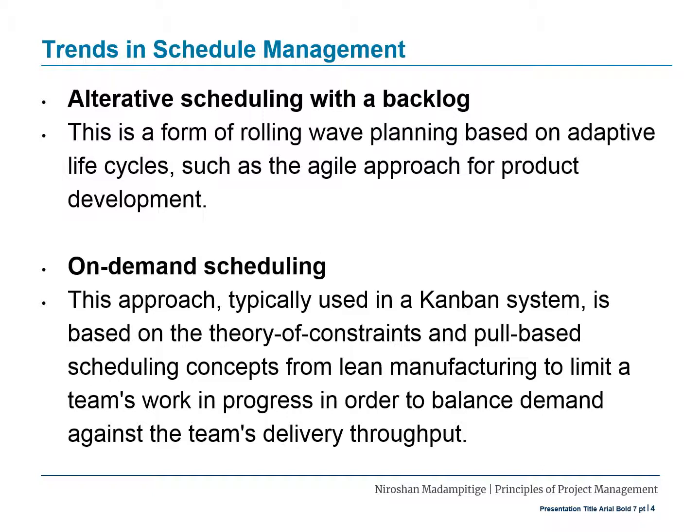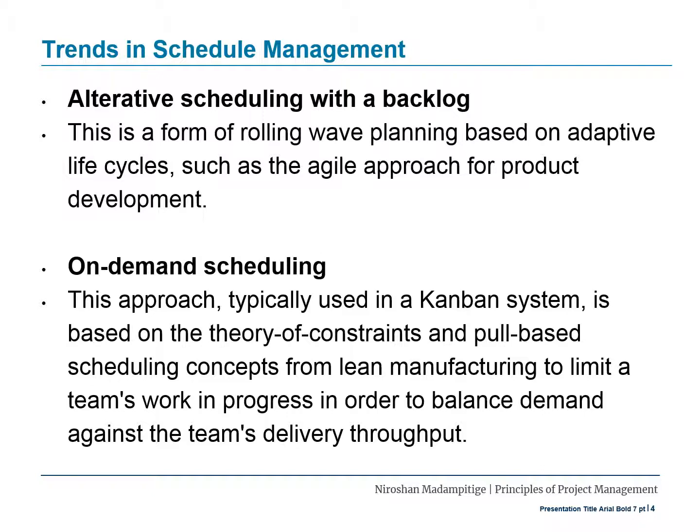Second, on-demand scheduling. This approach, typically used in a Kanban system, is based on the theory of constraints and pull-based scheduling concepts from lean manufacturing to limit a team's work in progress in order to balance demand against the team's delivery throughput.